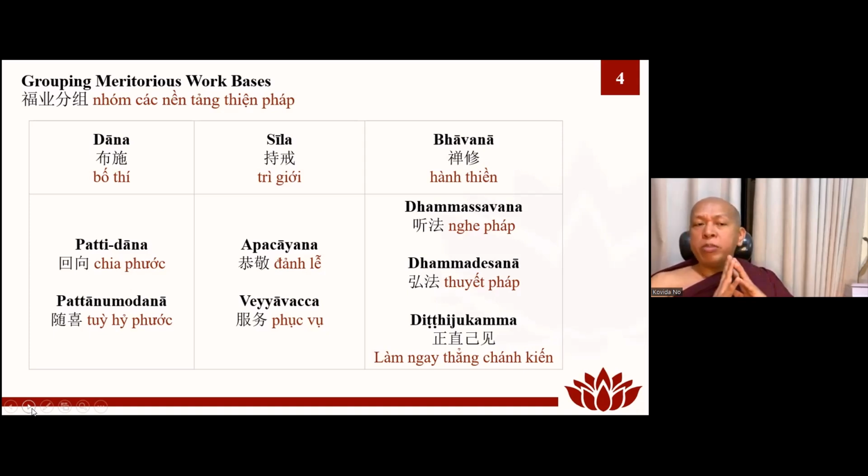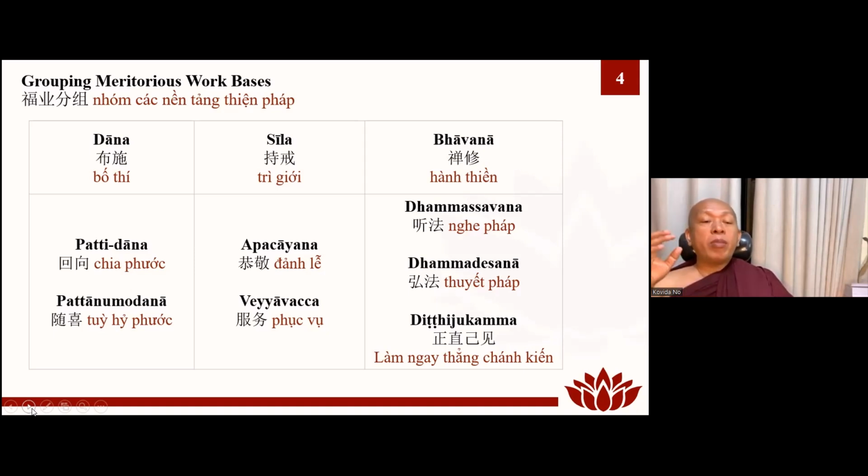We have another one: Caritta sila and Varitta sila. Caritta sila means what to do. Varitta sila means what not to do. That means we have our responsibilities, our duties, things to do. That's why we have it as a sila.